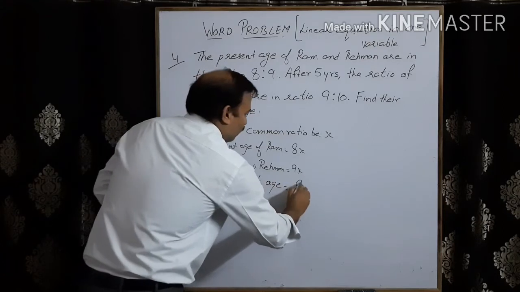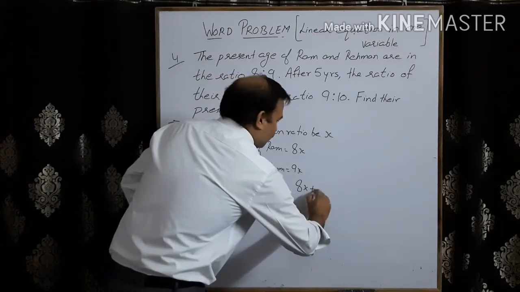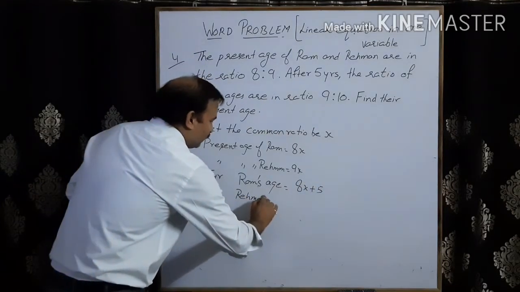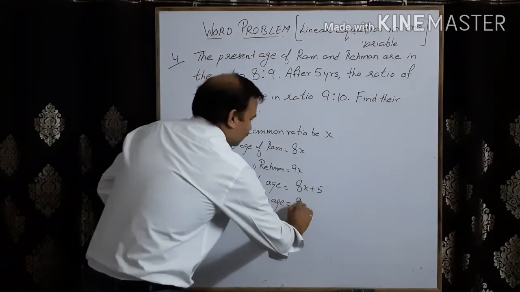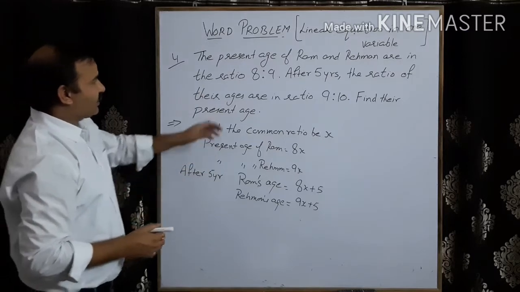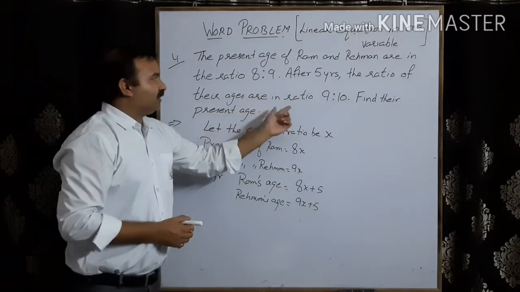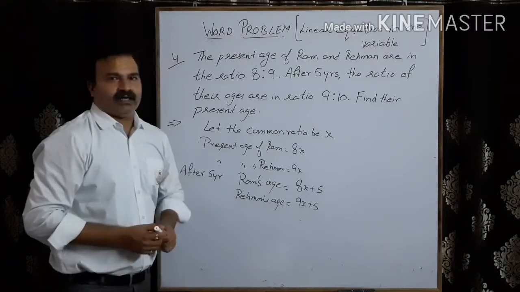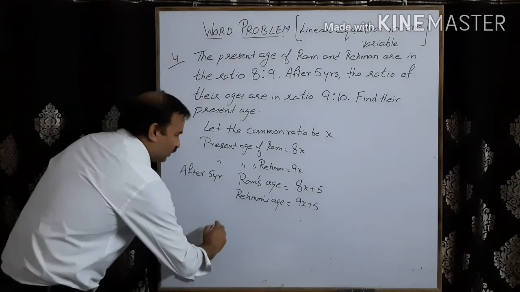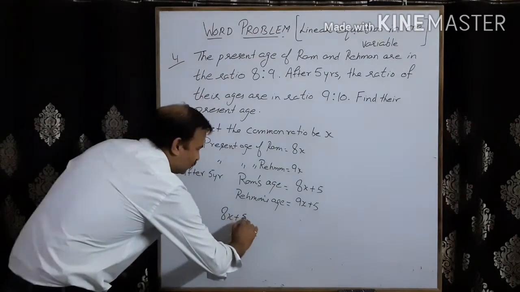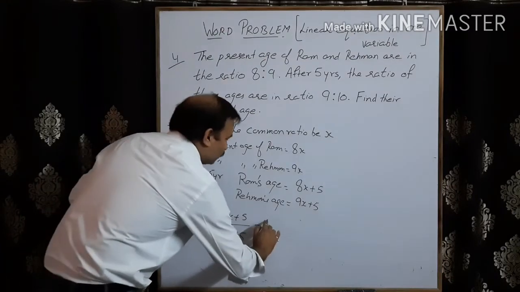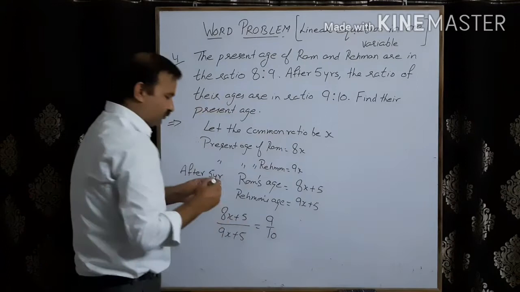That will be the present age, that is 8x plus 5, and Rahman's age is 9x plus 5. Now the question says after 5 years the ratio of their ages is 9:10. So according to the question, the age of Ram upon the age of Rahman is equal to 9/10.